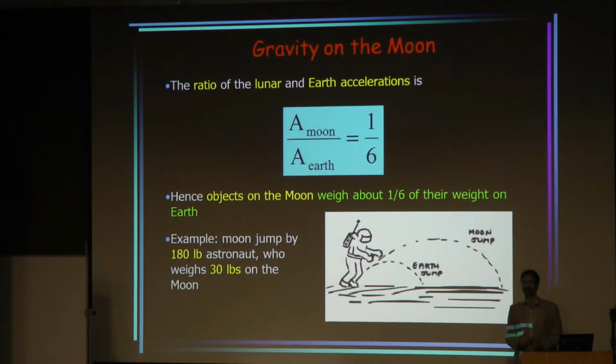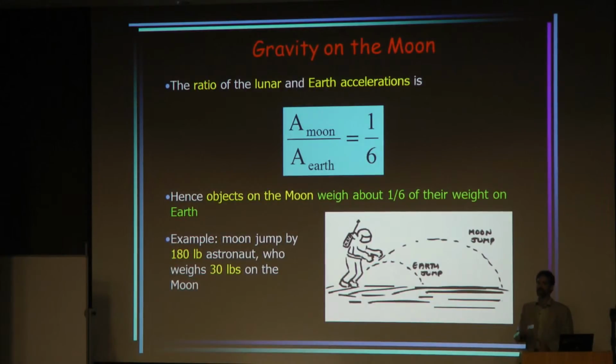So the difference is that your leg strength is the same, but you weigh a lot less, only 1/6 as much. So when you kick off with your maximum force, like you're trying to do a high jump or something, you're clearly going to go a heck of a lot farther because you're being launched. You're actually pushing off with a much stronger acceleration because the force of gravity is so much lower. So moon jumps are always going to be much longer than Earth jumps.